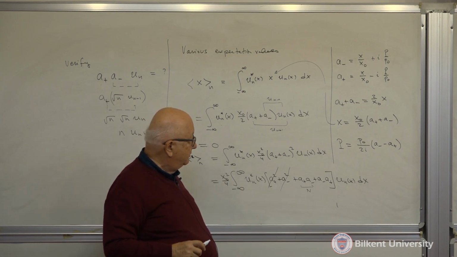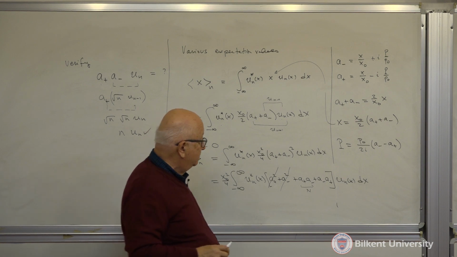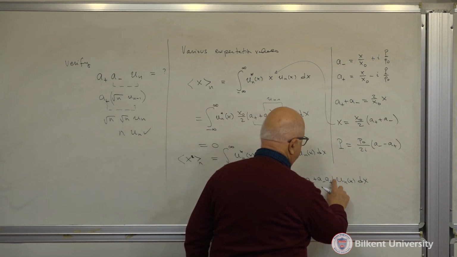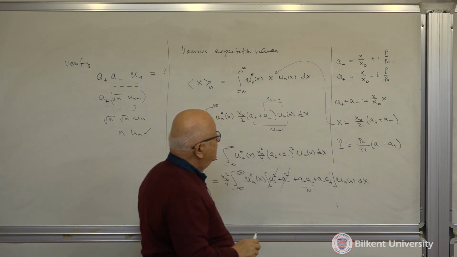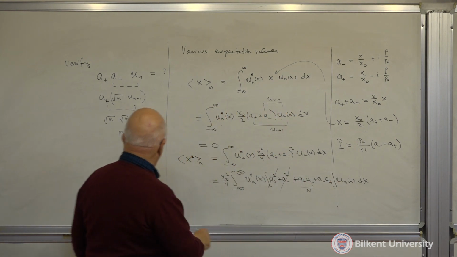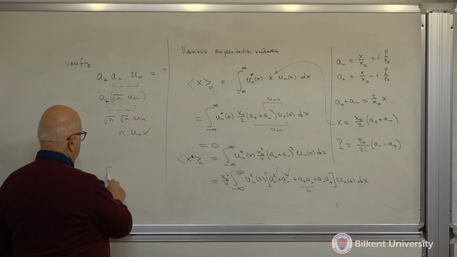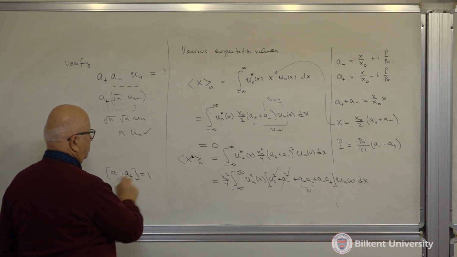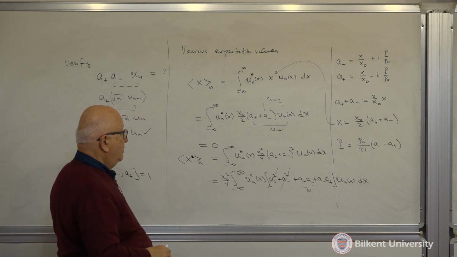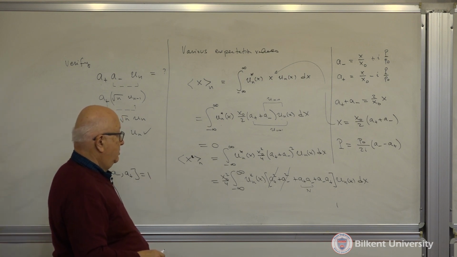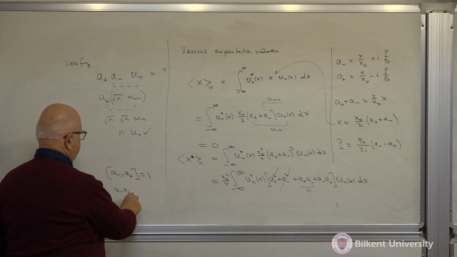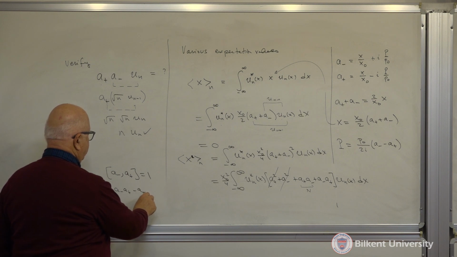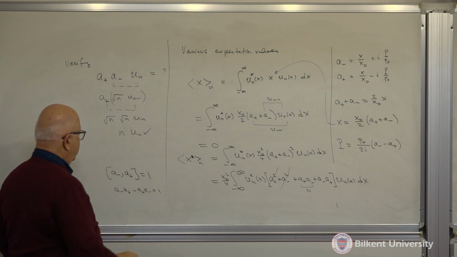Remember that the commutator of a minus and a plus was equal to 1. So a minus a plus minus a plus a minus is 1.